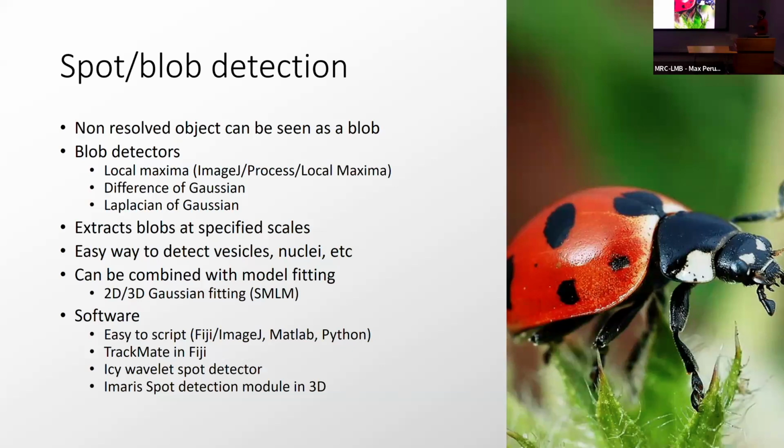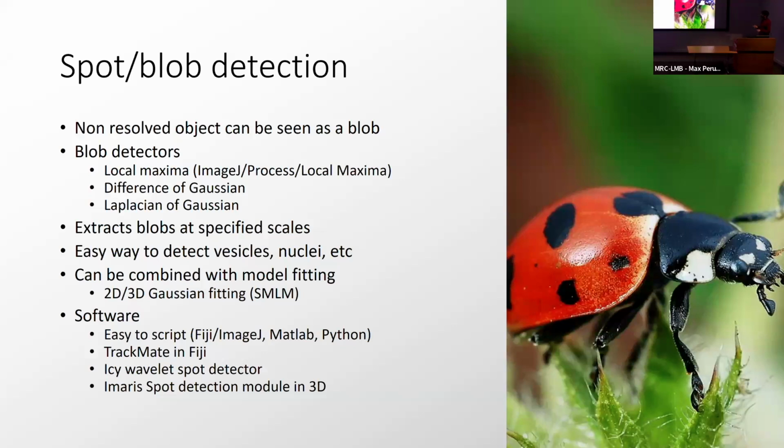When you use a difference of Gaussians, the sigma parameter of the difference of Gaussians will give you the scale at which you find these spots. There are also ways to not define it in advance, using different Gaussian functions and trying to find at which scale the spots are, because spots could be at different scales.